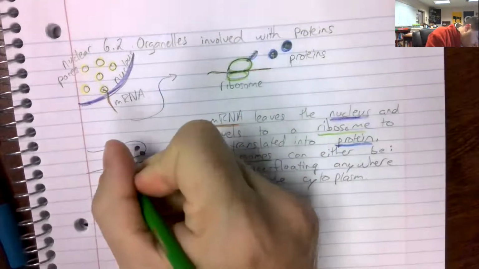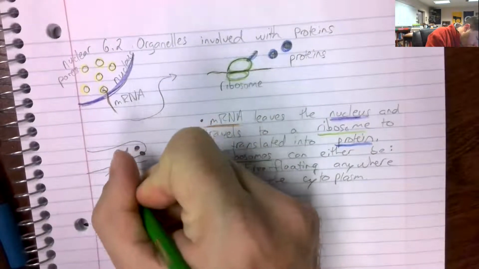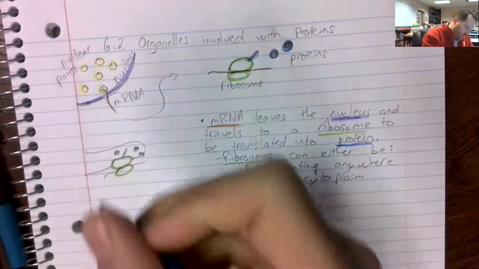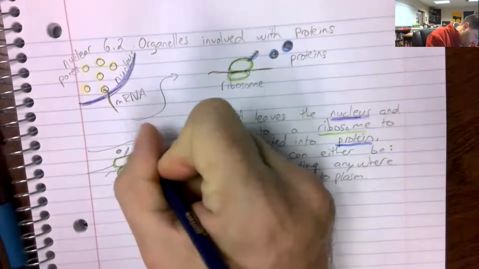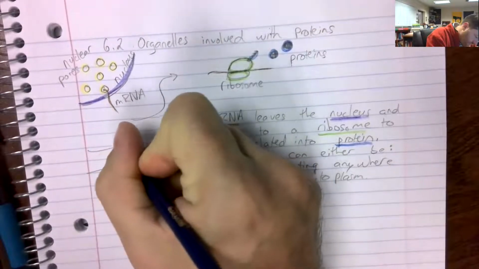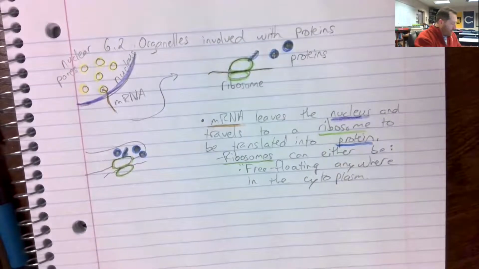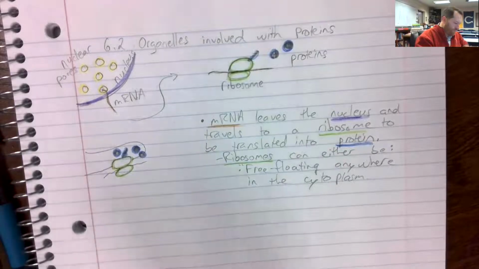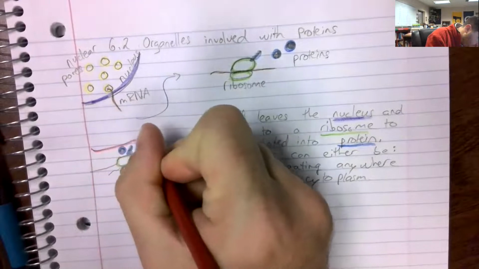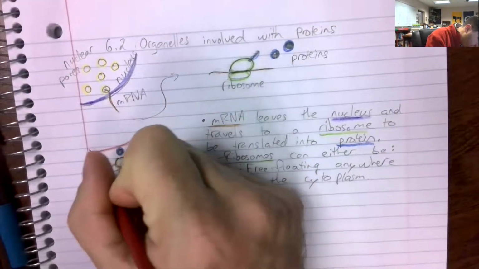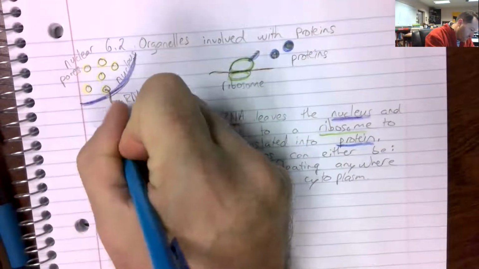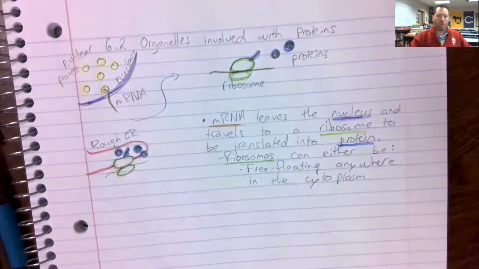So here's our ribosome again. There's our proteins, the right color. This time, this ribosome is embedded to the rough endoplasmic reticulum, the rough ER.